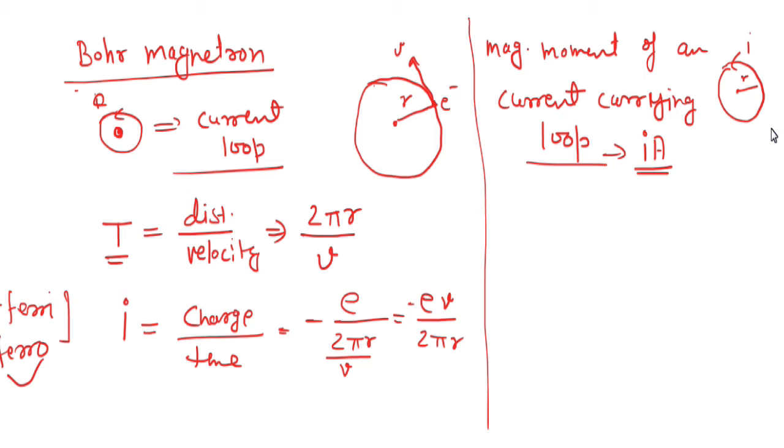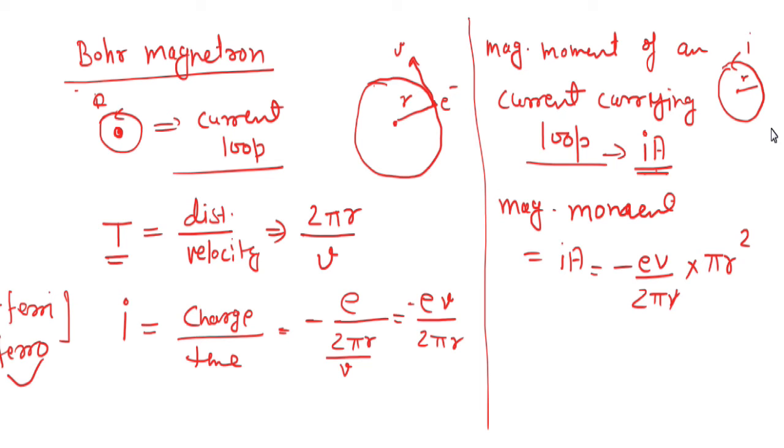So the magnetic moment of this circular loop is I into A. Similarly, if an electron is moving around a circular orbit, the magnetic moment related to that electron will be equal to I into A. Here A is pi r square. So this will be equal to minus ev upon 2 pi r into pi r square.